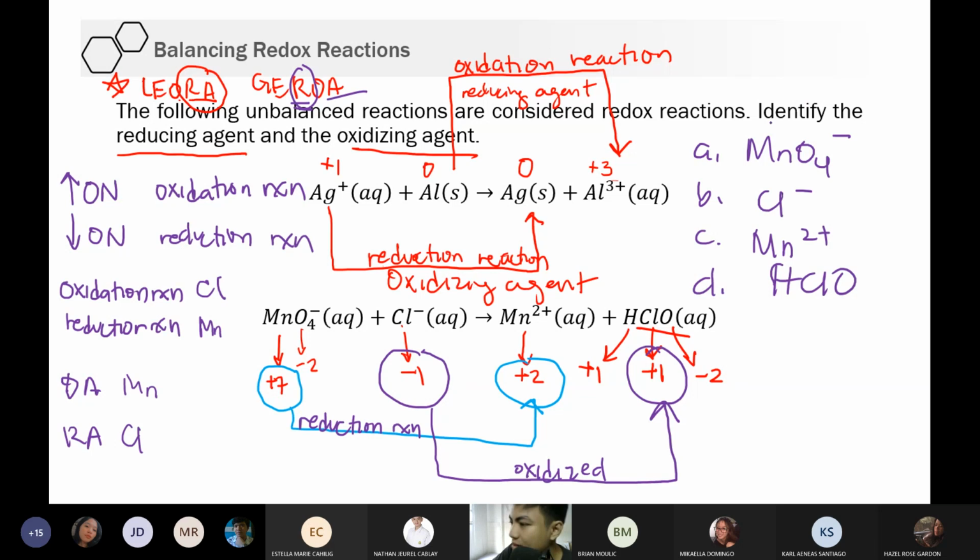Okay, ganito yung lalabas sa quiz. Alam mo, MnCl yon, pero wala siya sa choices. Ito yung nakalagay sa choices. May kasama siyang ibang elements. Okay lang yan. Hanapin mo na lang kung nasan dyan si Mn pati si Cl na tinutukoy mo.